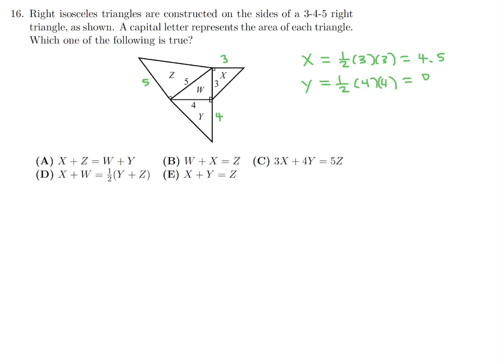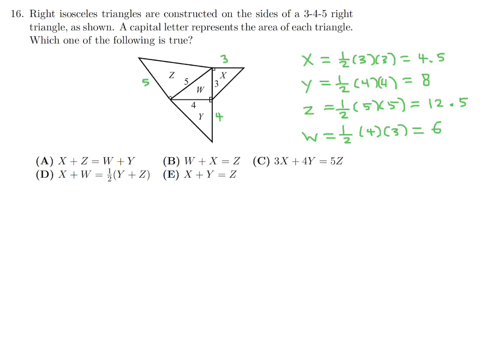So y is 8. Z is 1/2 base times height. So that looks like 25 over 2, which is 12.5. And finally, W is 1/2 base times height. Base is 4, right here. Height is 3, right there. So we've got 12 over 2, which is 6.